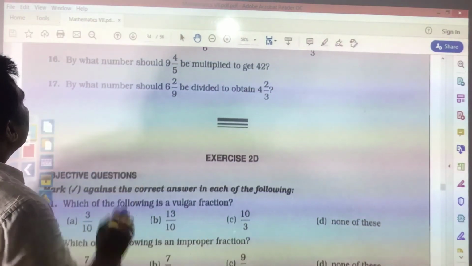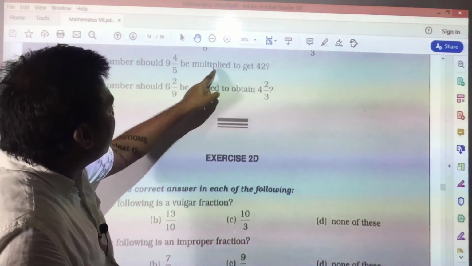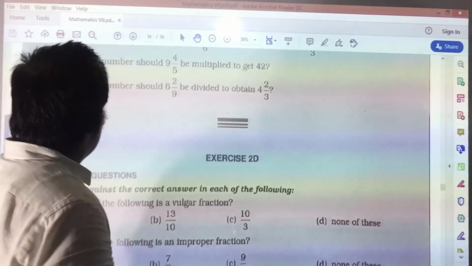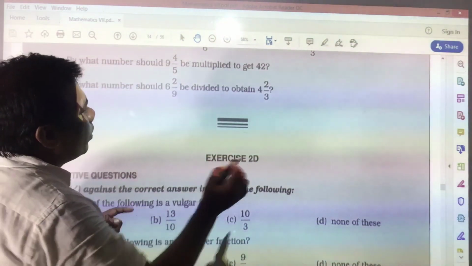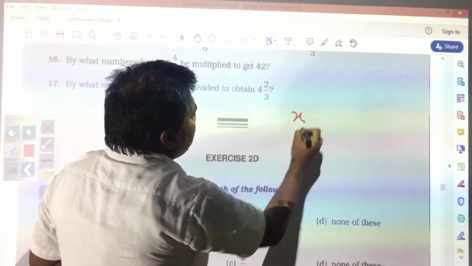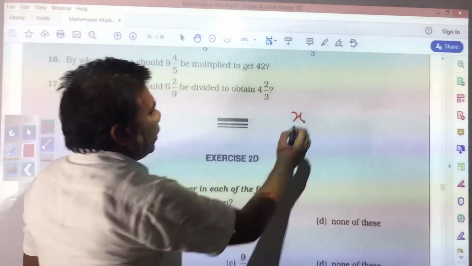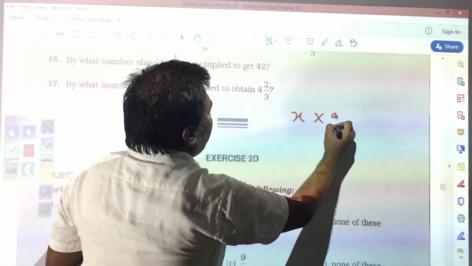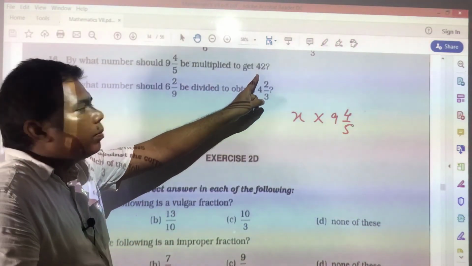Next you have, by what number should 9 whole 4 by 5 be multiplied to get 42? Similar question is there. By what number, suppose the number is x, by what number should this number be multiplied? If you are multiplying 9 whole 4 by 5 and you are getting 42.